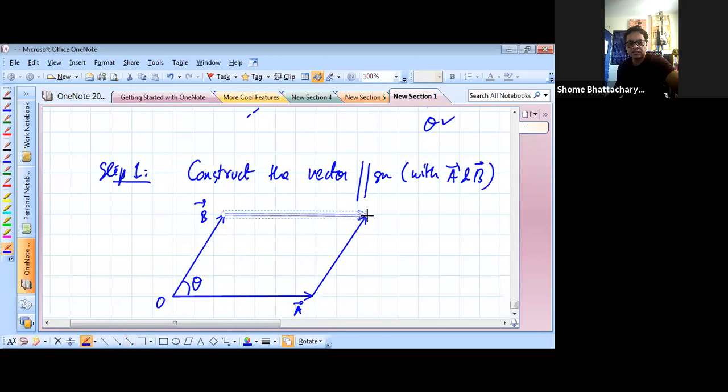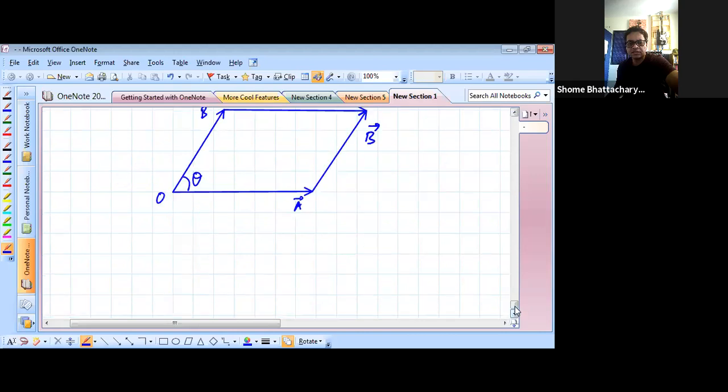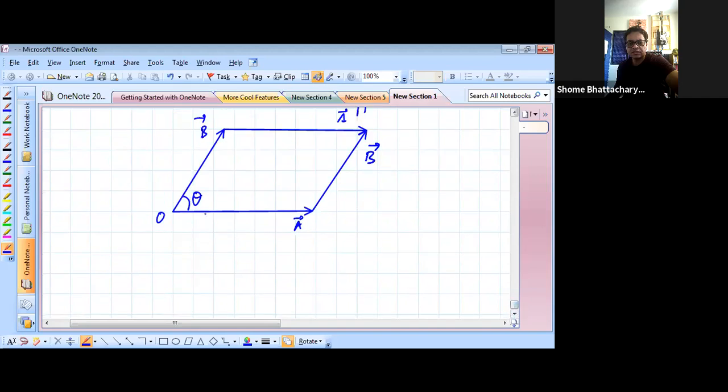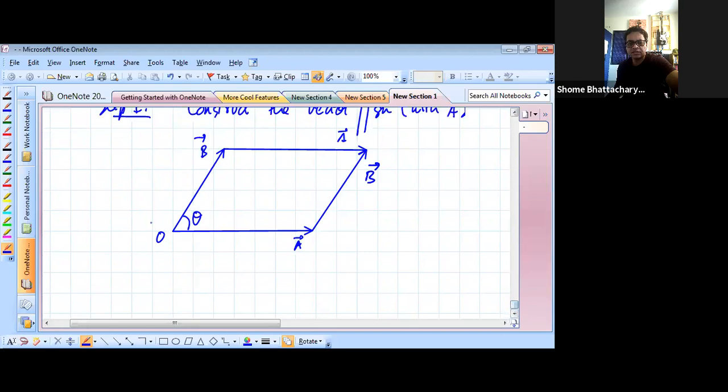So this also represents the same vectors. We have constructed a parallelogram such that the adjacent sides are the given vectors A and B. So this is my step one.